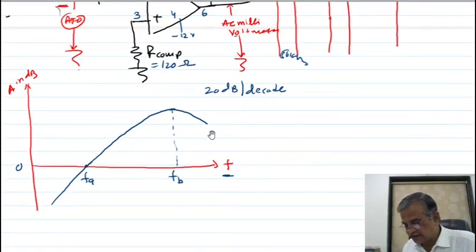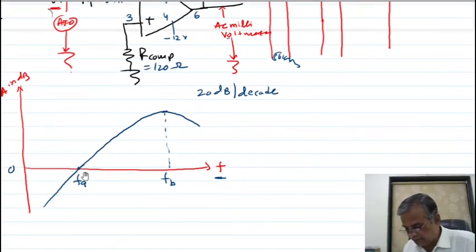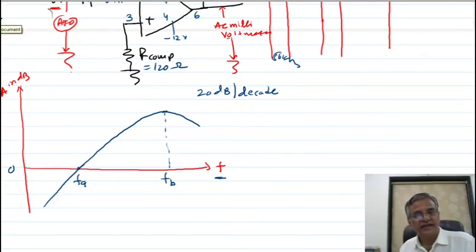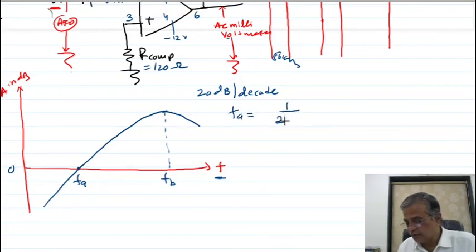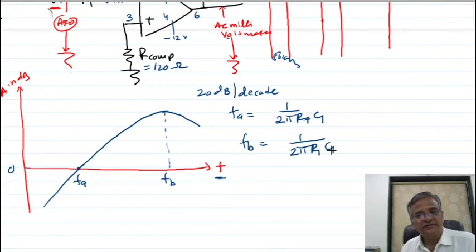After FB the gain decreases. So you have to find the experimental values of FA and FB, and verify them with your theoretical values. FA is nothing but 1 upon 2 pi RFC1 and FB is nothing but 1 upon 2 pi R1C1.